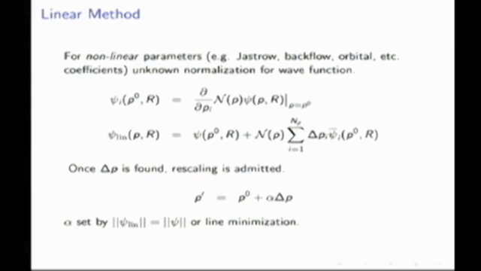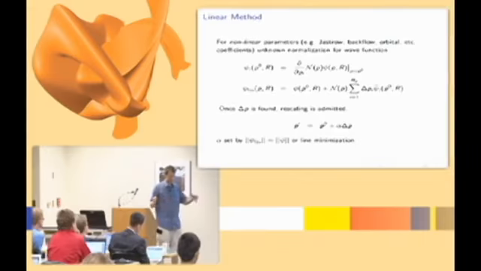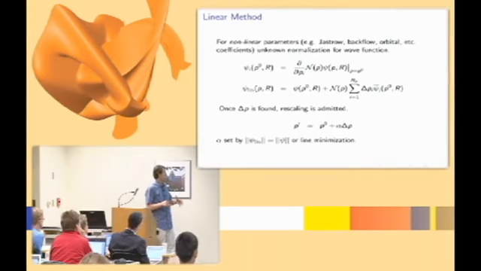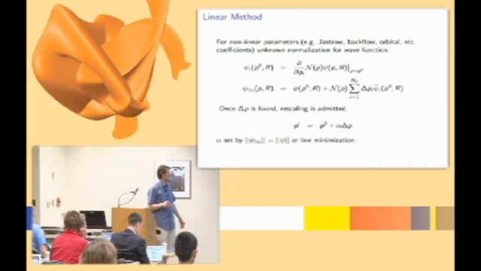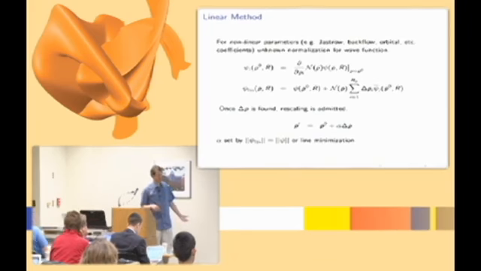So this alpha, you can set it many different ways. In the original paper, they have a heuristic. They say, well, what I want to do is make sure that the normalization of my new linear wave function is the same as the normalization of my trial wave function.